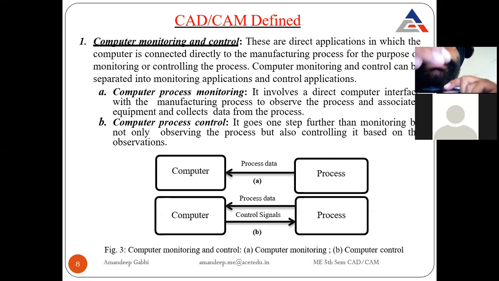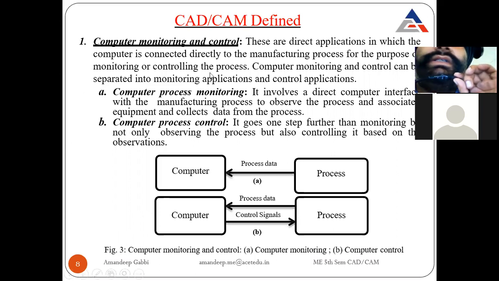Then there is computer process control. Once the process is monitored, the controlling process will stop it, or it will give other instructions to move the diameter to another place and so on. Monitoring is just to observe, and controlling is to control the process according to the design or process data.